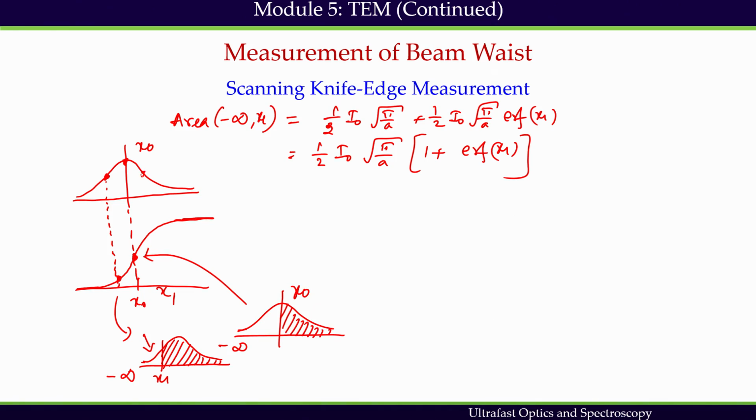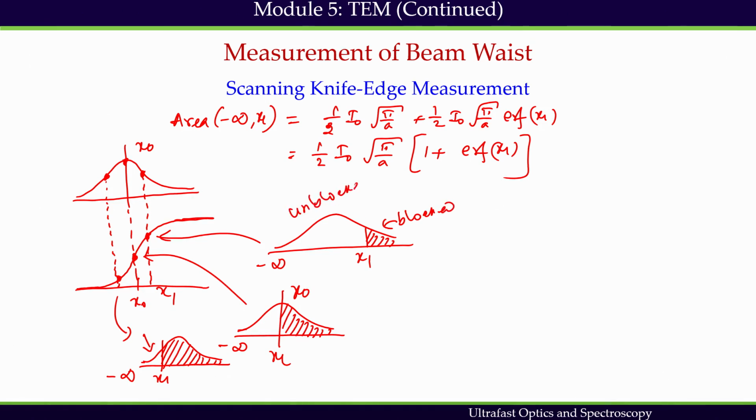On the other hand, I get another point here. How do I get this point? I get this point by taking integration from minus infinity to x1. This is x1, this is x1. So this regime is blocked and this regime is unblocked. And this is the way we get this error function.